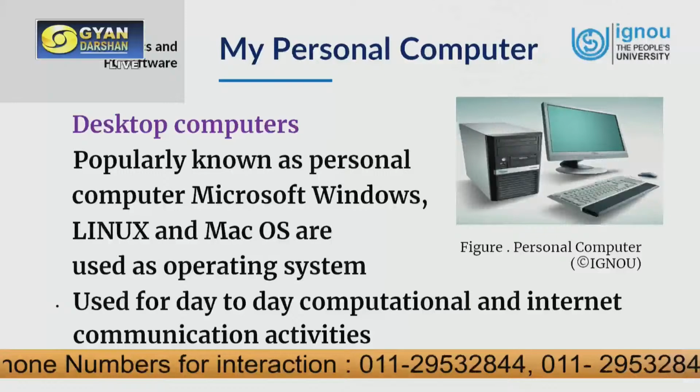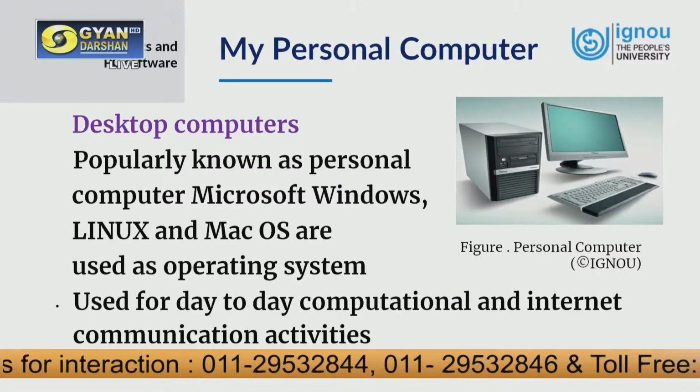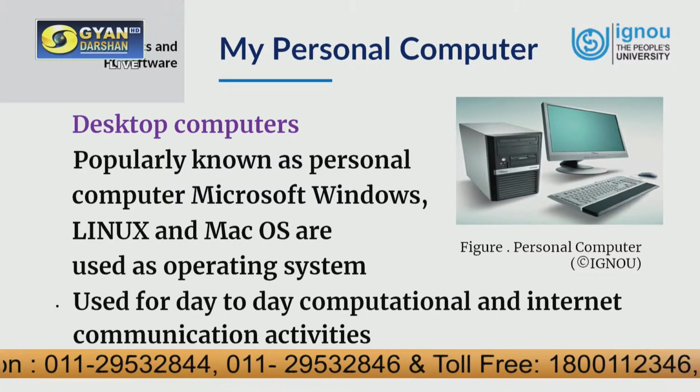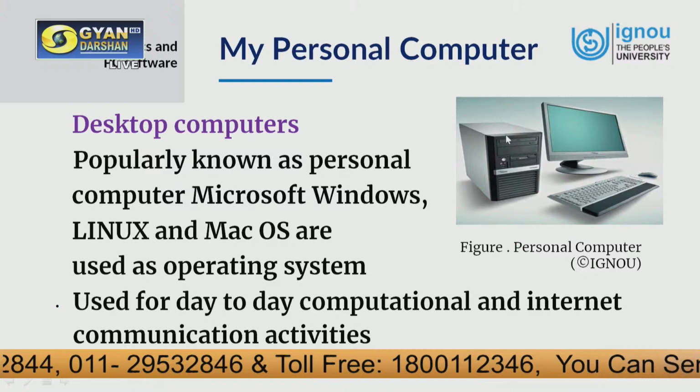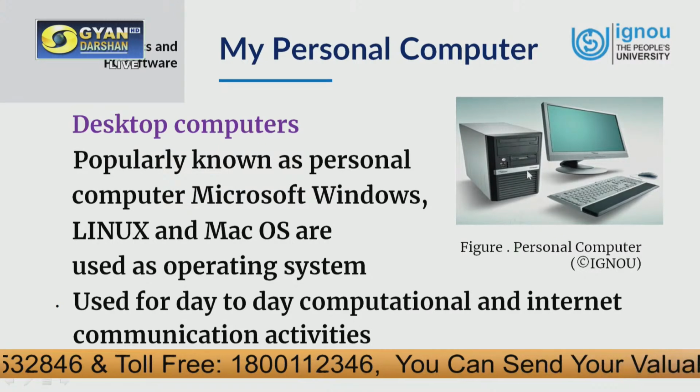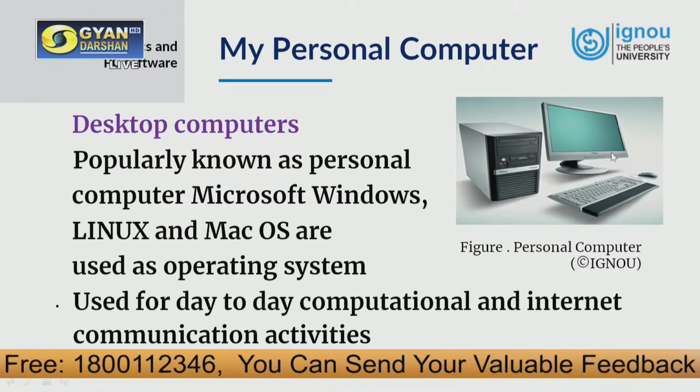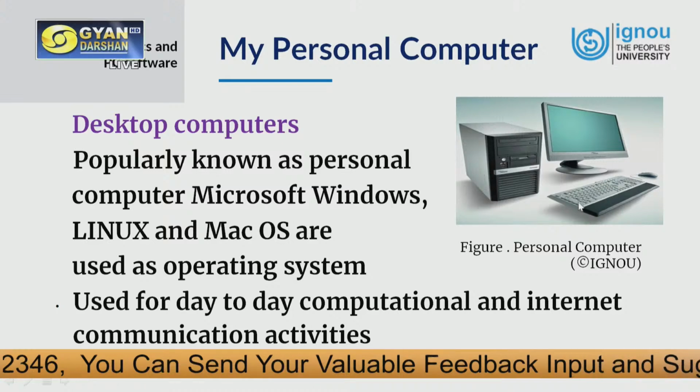Even a workstation is also a personal computer because it is present on your desktop. But a desktop computer, if you look at the figure, has a box which contains the CPU and other things, a separate monitor, a keyboard, and a mouse.